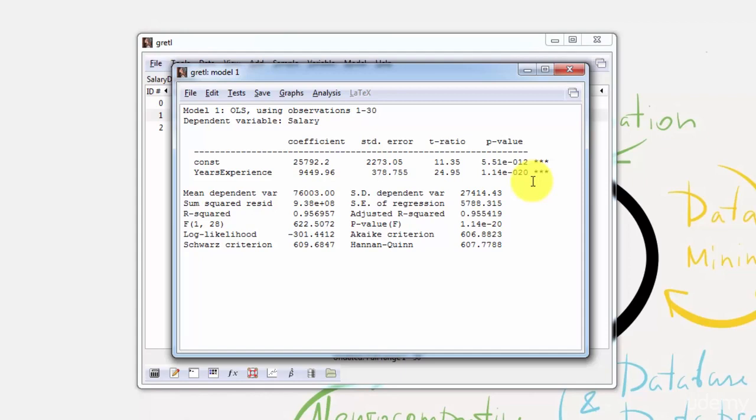So for instance, if you stick to 5%, which is probably the most used, the conventional p-value threshold, then if your p-value is above 0.05, so if here you see above 0.05 and there's no multiplying by 10 to a very negative number, then that means that your p-value is above 5%, and that means that the relationship between these two variables, salary and years of experience, isn't statistically significant. And so basically your model, in layman's terms, it's not actually working. So this variable is not predicting anything.